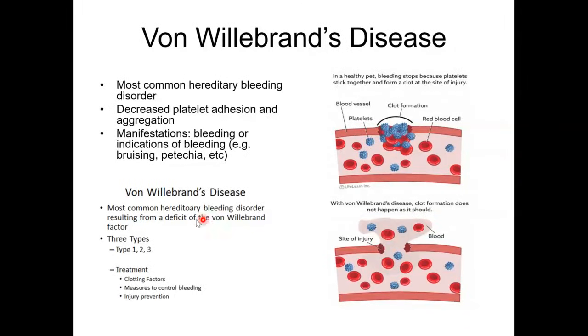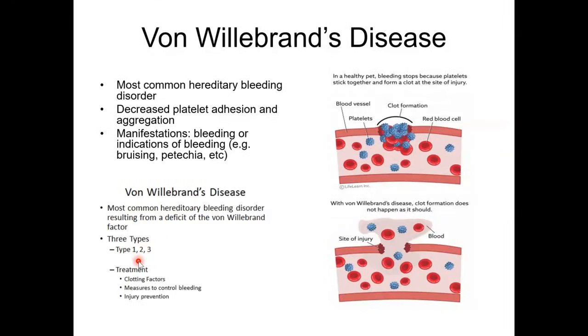So von Willebrand's disease results in a deficit of the von Willebrand factor, and there are 3 types, and the 3 types are just an indication of severity. Type 1 is the most common, type 3 is the least common, and that's good because type 1 is very mild. Sometimes they don't even have any symptoms or any problems.